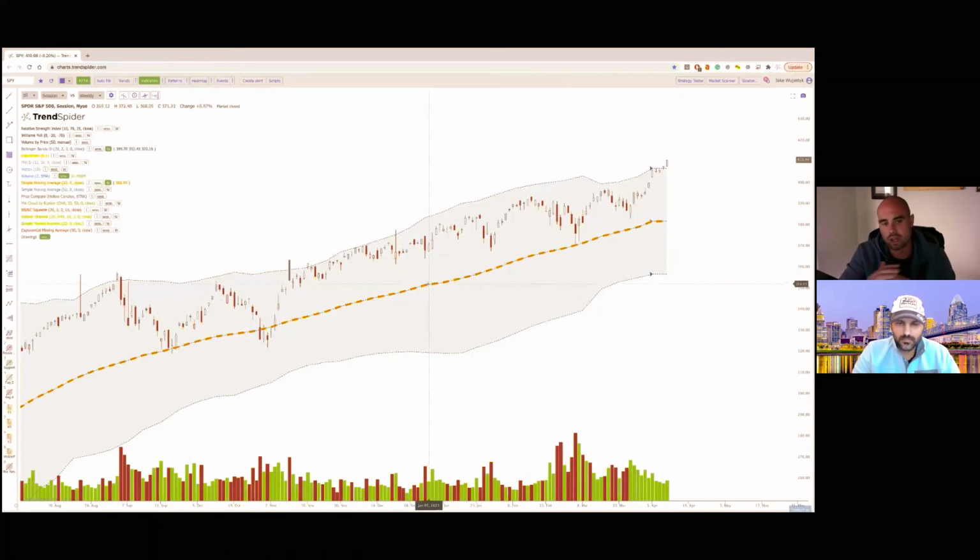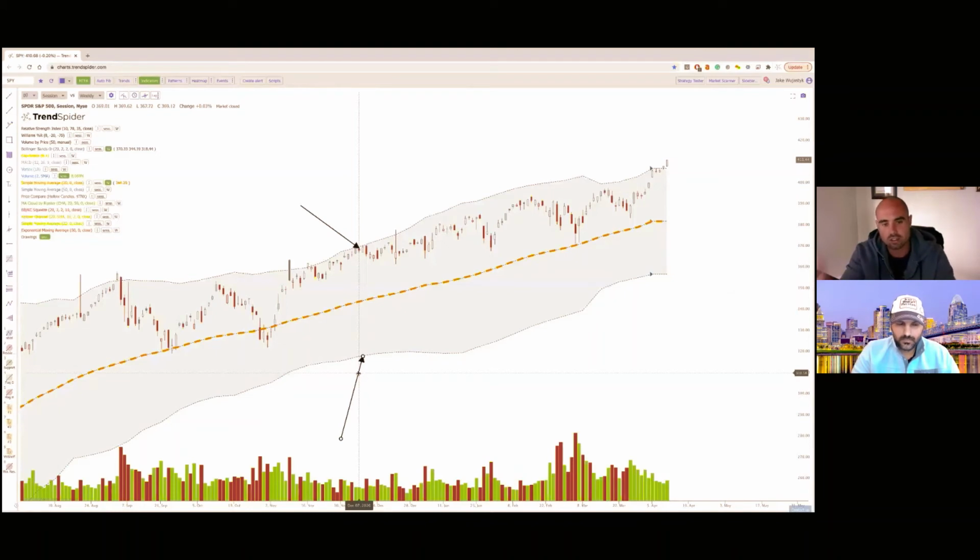So what the Bollinger Band is doing is showing the 20 period SMA on the chart, but then it's showing the top band and the bottom band, which are 2 standard deviations from the SMA 20. So this upper band is 2 standard deviations above the SMA 20, and this lower band is 2 standard deviations below the SMA 20.